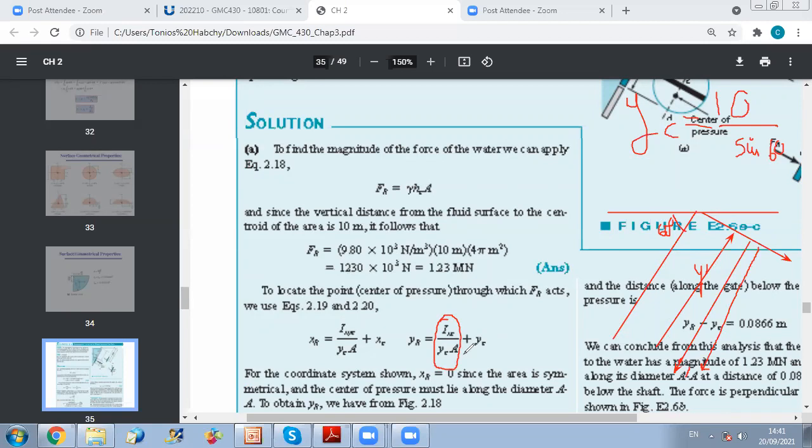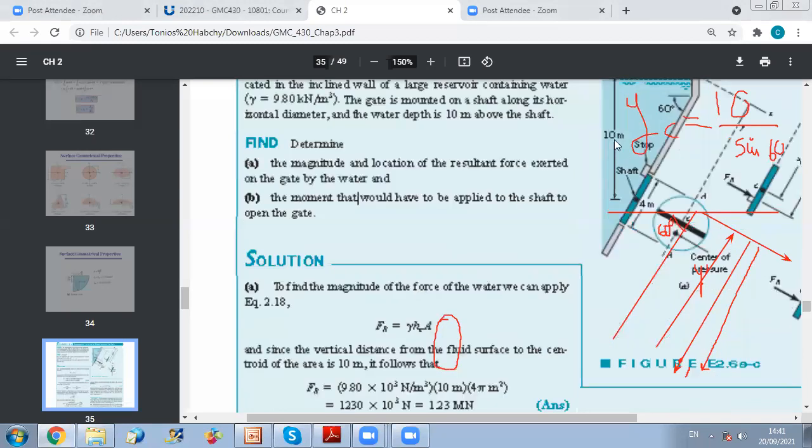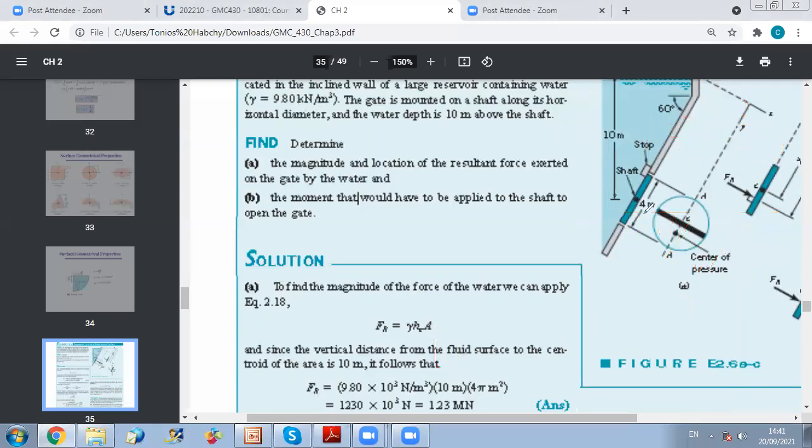The surface is a circular geometry, so you have a gate of circular shape. How do you find its area? You just do pi r square. So this area A is equal to pi times the radius square. We still need Ixx, the second moment of area about the x-axis, and we have seen that for a circle it's pi r to the fourth over 4.